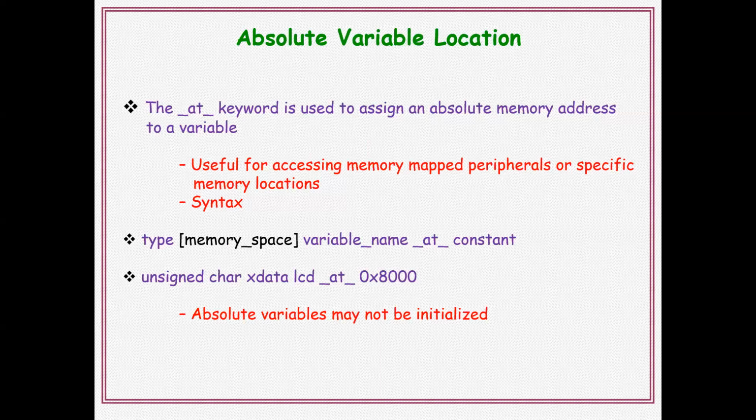Syntax: type, memory space, variable name, _at_ address. For example, unsigned char xdata LCD _at_ 0x8000. Absolute variables may not be initialized.